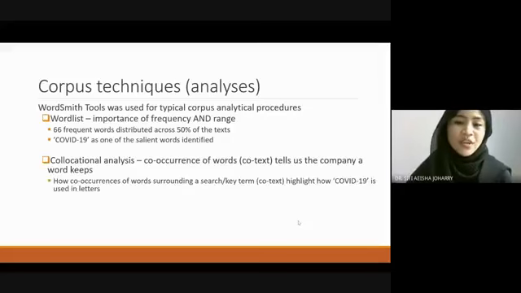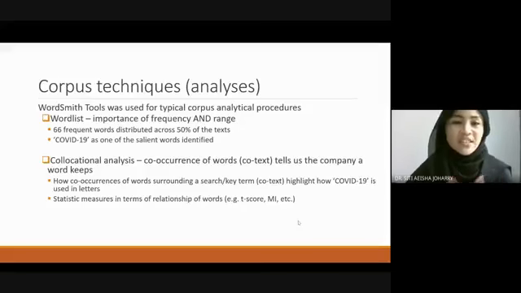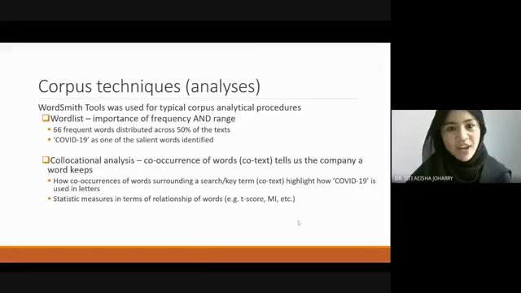And this is where we find out how the co-occurring words surrounding a search or a key term, such as COVID-19, tell us more about how COVID-19 is being used. So one of the things in Wordsmith tools I think is not found in the AEISHA web tool is that there are statistic measures that you can use to show the relationship of words.